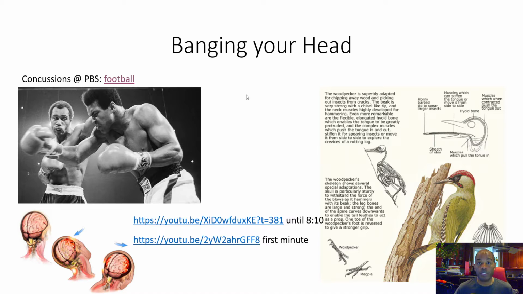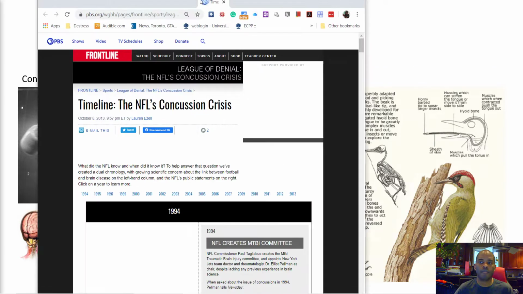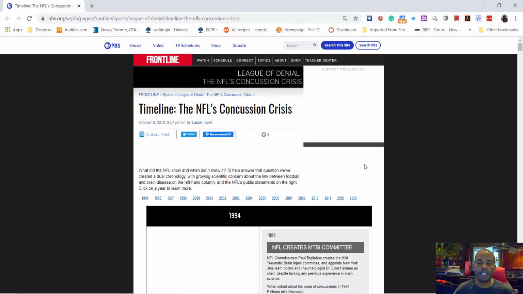Other adaptations. Humans are, as you know, often involved in situations where their head gets banged. Sometimes it's by accident, falling off a bike, walking into a glass door that you didn't know was closed. Sometimes it's on purpose. So let's look at the football situation. When we take a look at our footballers, we know that they're banging their heads all the time.